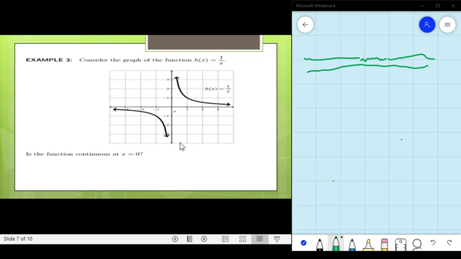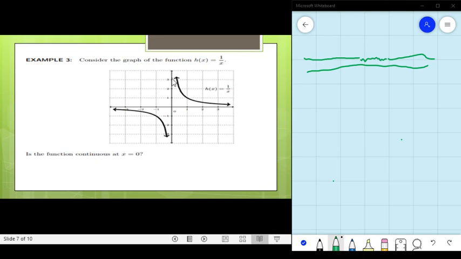So the function is discontinuous at x equals 0. Okay, because when we replace x with 0 here, the function h of x is undefined.